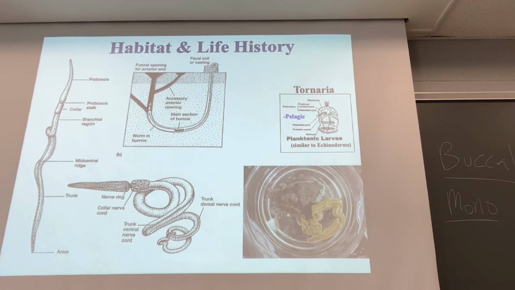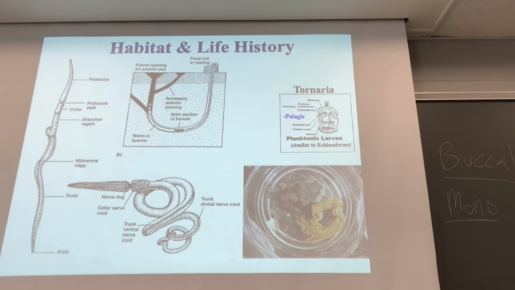So here's a better picture of what a typical proboscis looks like. It's pretty elongated and very kind of football shaped, almost pointed at the end. Nice collar. So there's a nerve ring here associated with the proboscis and the collar. That's your dorsal hollow nerve cord. And then there is often a trunk nerve cord that runs ventrally.